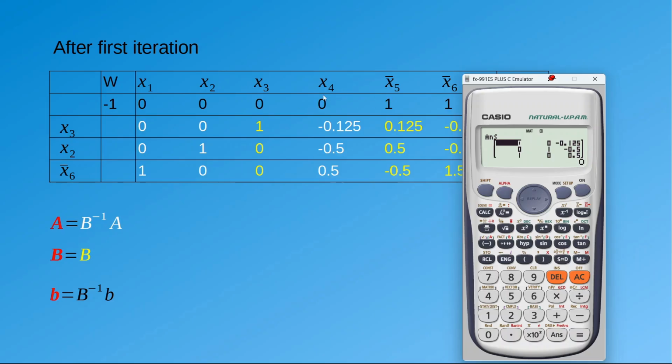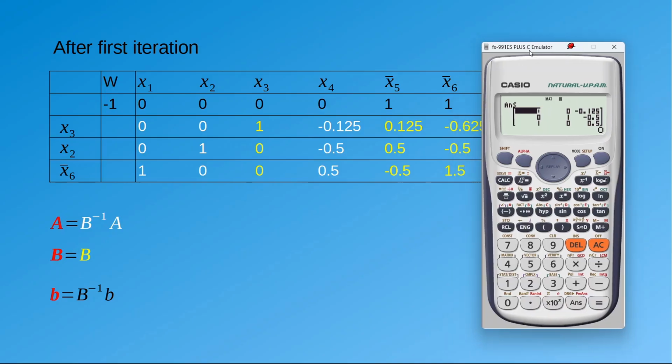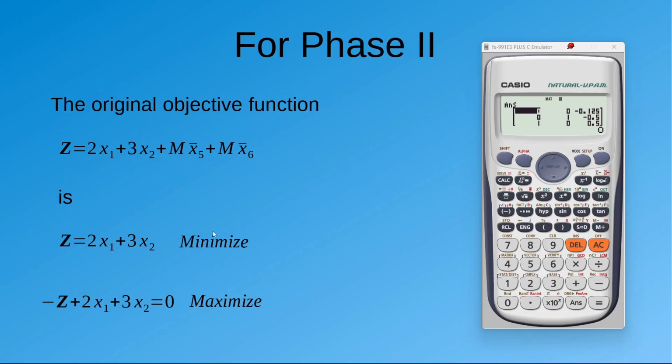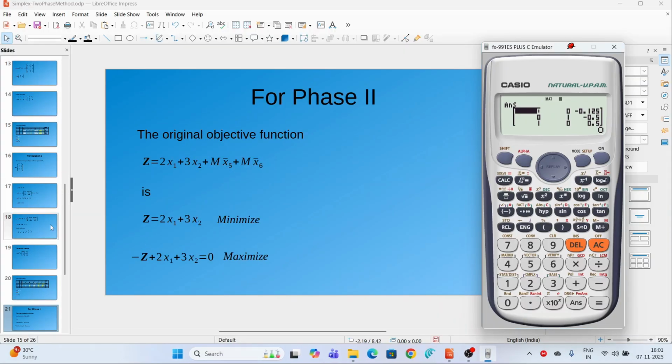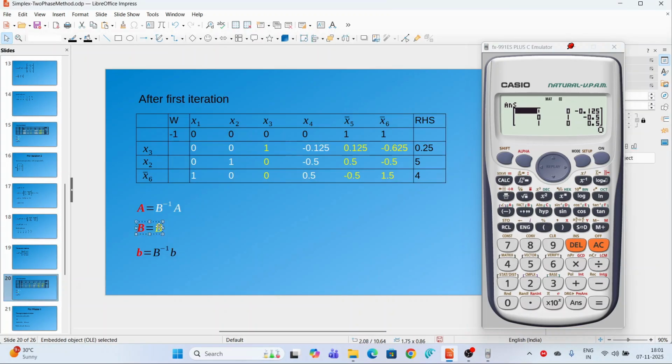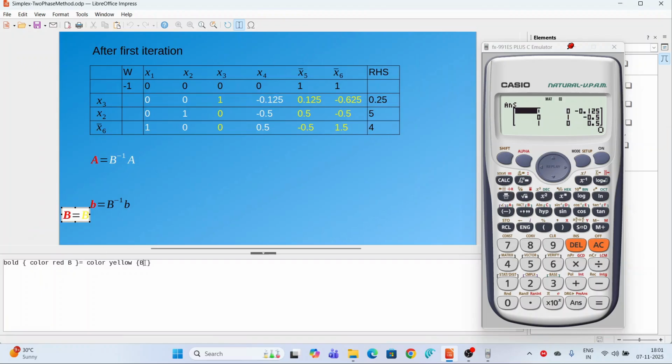Similarly, the coefficients of x3, x5 bar and x6 bar can be found by getting the B inverse. So let me make the correction here. Okay, B inverse.